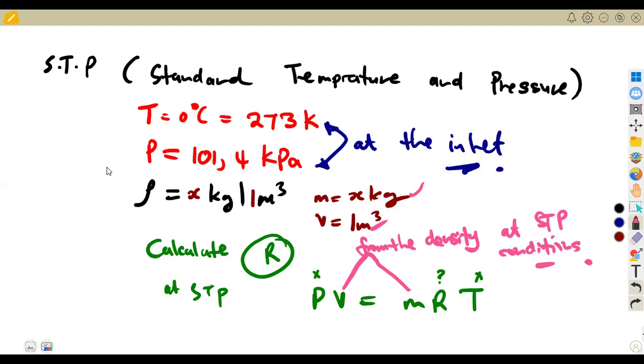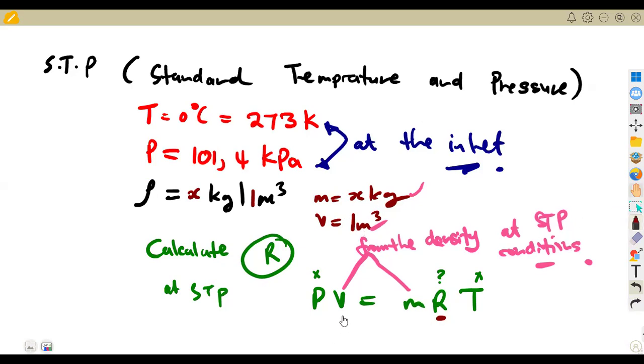Like I said, this is only done to calculate R at STP condition. For the rest of the questions, you use the exact mass of the gas and the exact volume: if it is V1, you use V1; if it is V2, use V2, according to what you are given. It only happens at STP condition.